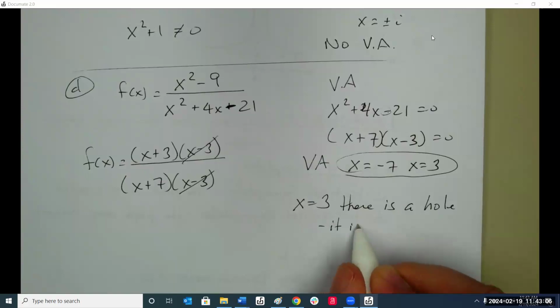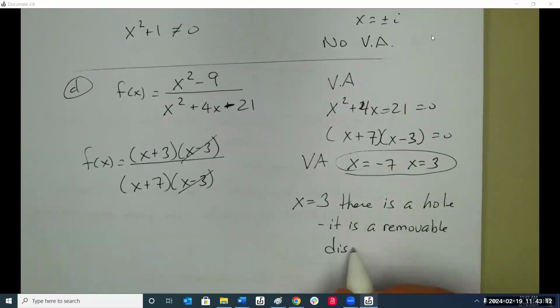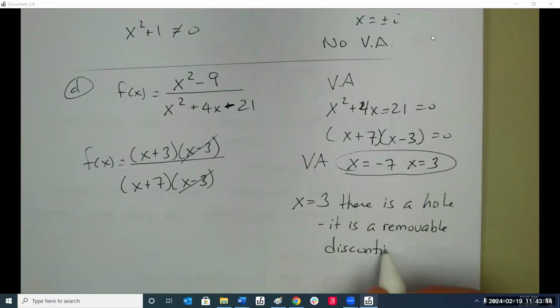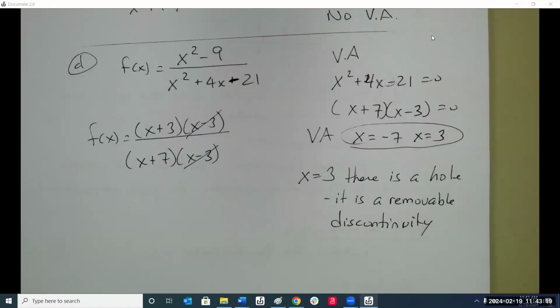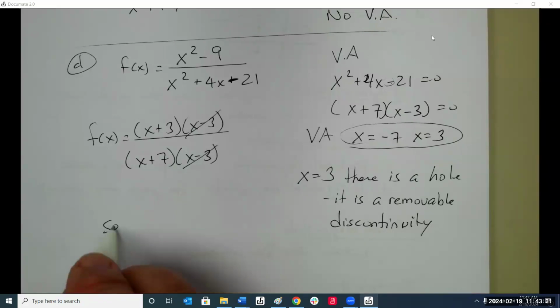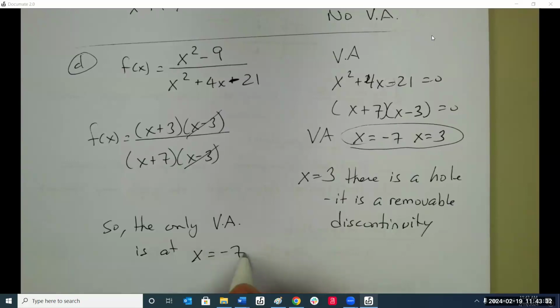It is a removable discontinuity. So the only vertical asymptote we have is at x equals -7.